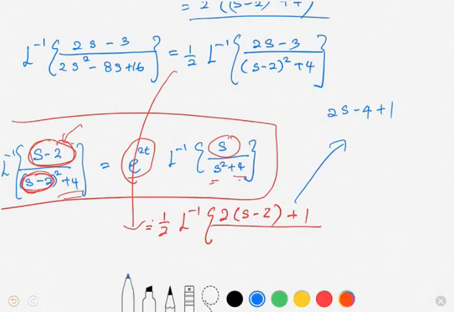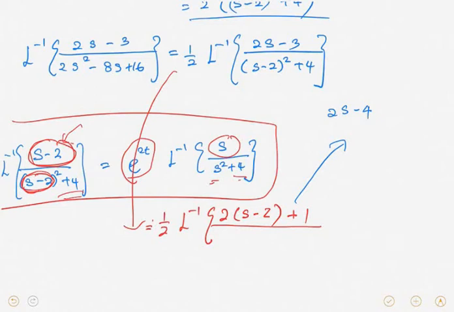Let's not talk about the plus 1 first. 2s minus 4. But what we have is only minus 3. And yet you have minus 4. So we need to plus 1 so that your answer will be 2s minus 3. Okay, so this is the purpose of plus 1. And then others remain the same. So s minus 2 square plus 4.